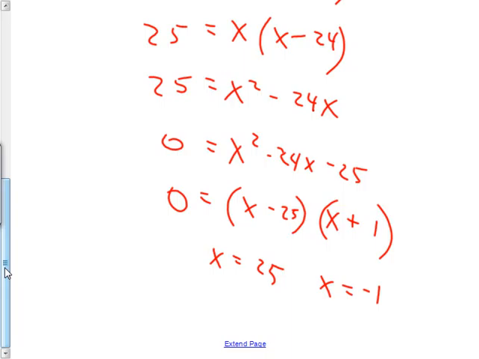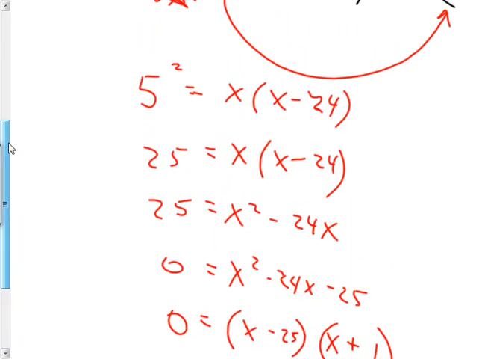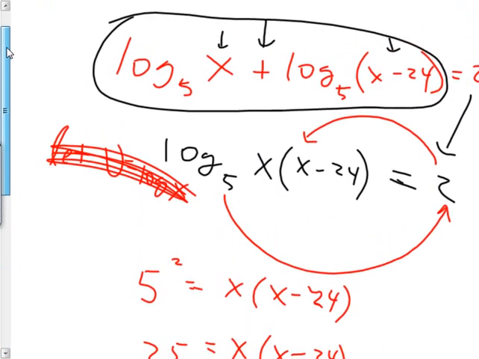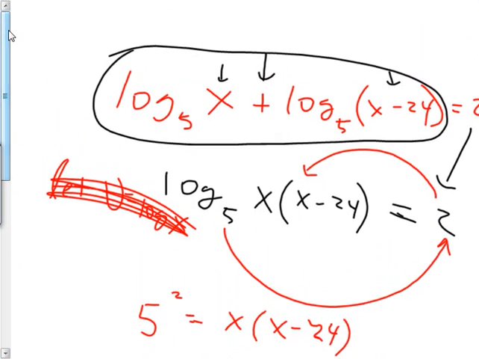Because a lot of people got this problem wrong because there's an extraneous answer. And there is again. Look at the original problem and see which of these two answers doesn't really work. You already got it? Good, just hold on a second. So 25 or negative 1 doesn't work. So if I put it back in, if I put in a 25 here, does that cause anything to crash?